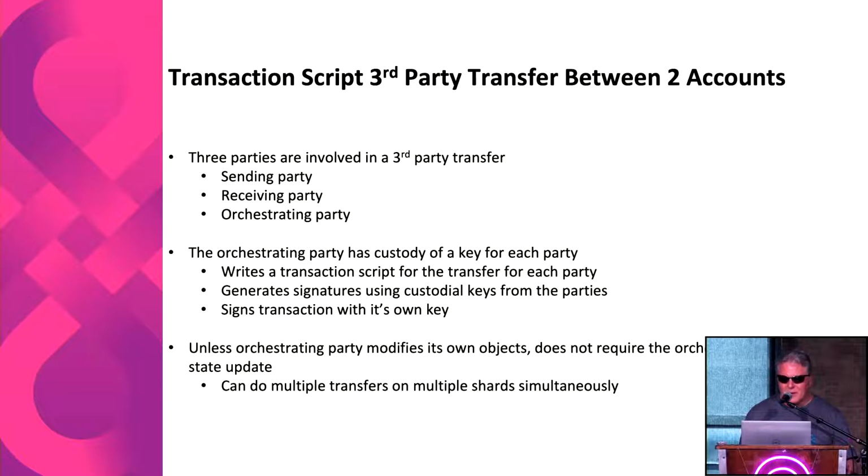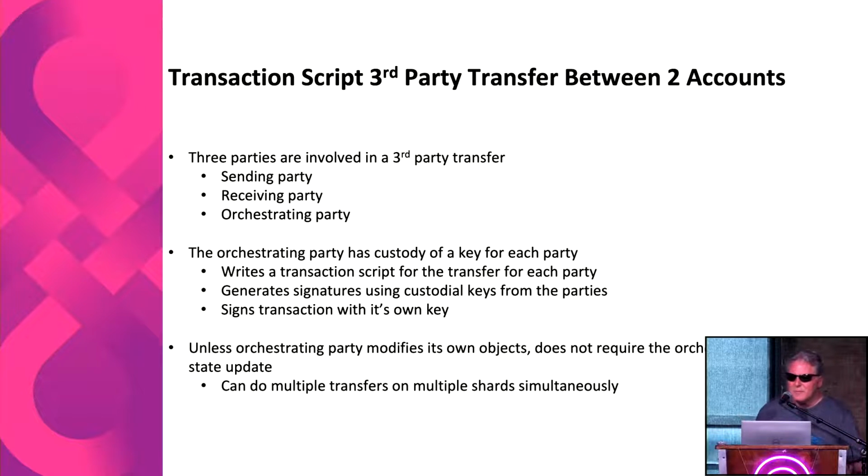And the third-party concept does just that. So what happens is the sending and receiving party generates a new public and private key, either directly for their account object or a sub-object of that, one of its child objects. And it hands those private keys to a third party, an orchestrating party.